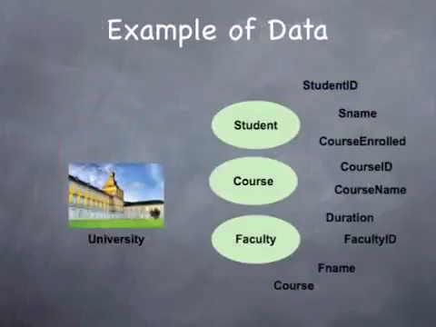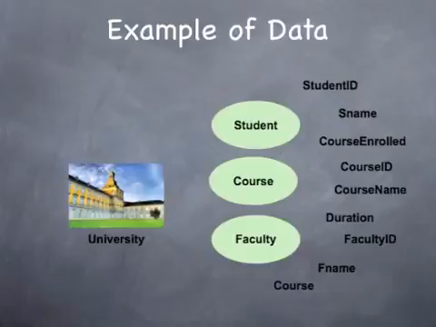Now let's consider this example of a university. We know that a university is a place of learning, and the types of objects relevant to a university would include students, courses, and faculty. There are three entities that have been described on this slide: the student entity, the course entity, and the faculty entity.